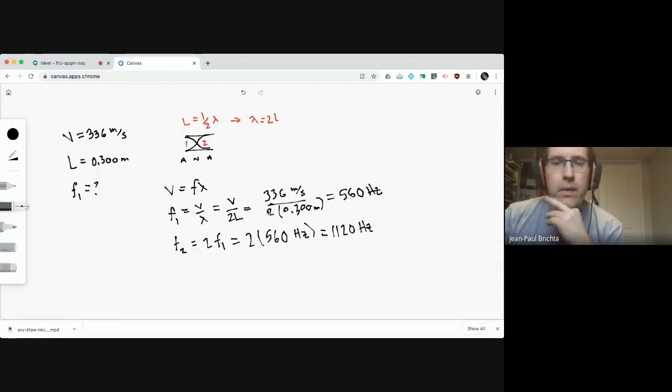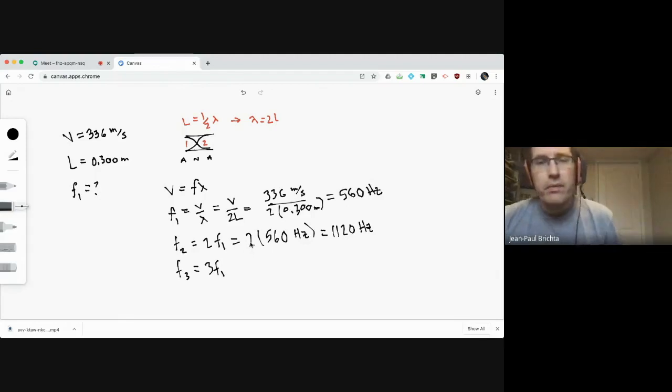Okay, cool. And same thing for F3. This is going to be 3 times the first harmonic frequency. So 3 times that. It's going to be 1680. I did that right?